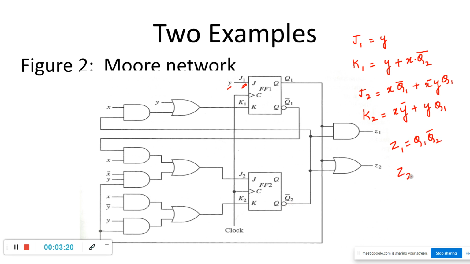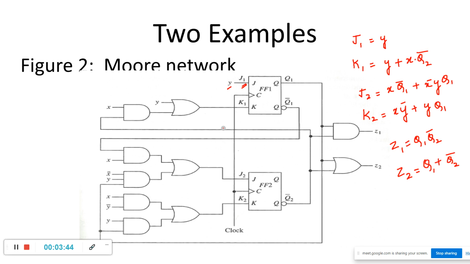Next, what is Z2 equal to? Z2 equals Q1 plus Q2 bar, this is the OR gate, isn't it? So in this way you have to write the excitation and output expressions.